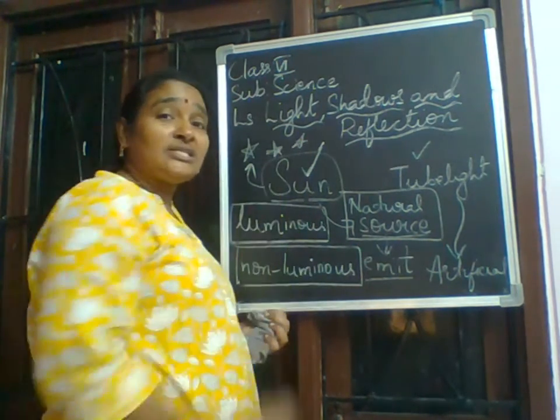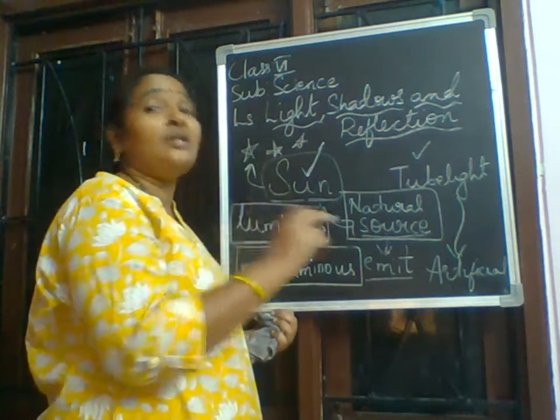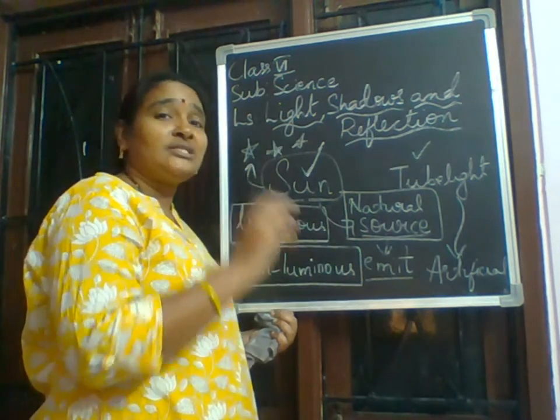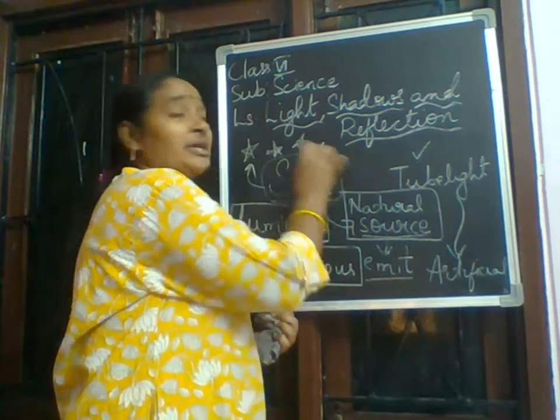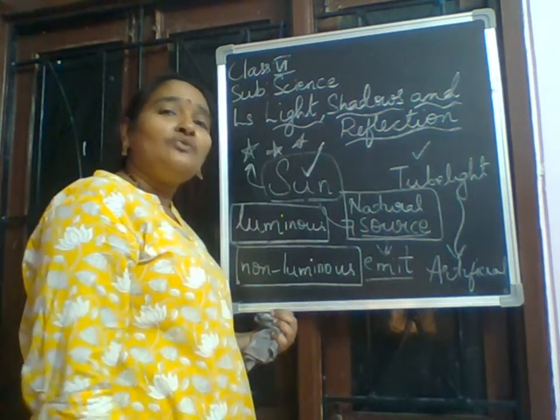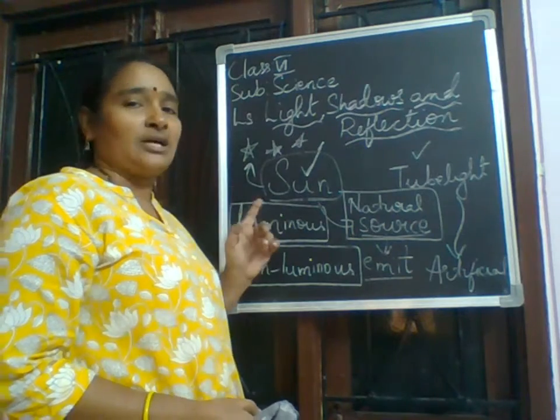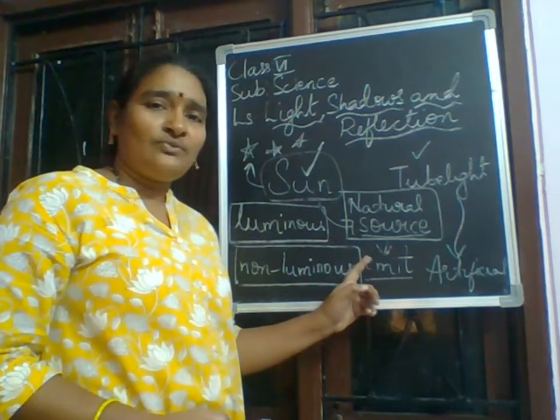Why can't we see the stars in the daytime? Because the sun is very near to us, that is the reason we can see the bright sun. These stars are very far. So the sun is a star, and it is a natural source of light.